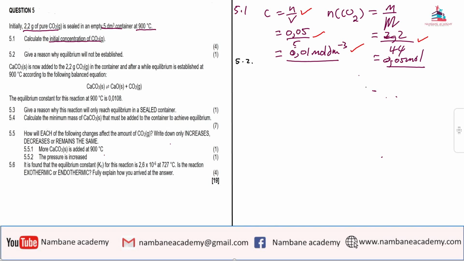So for dynamic equilibrium to take place, a reaction must have reverse and forward reaction. It's as simple as that.